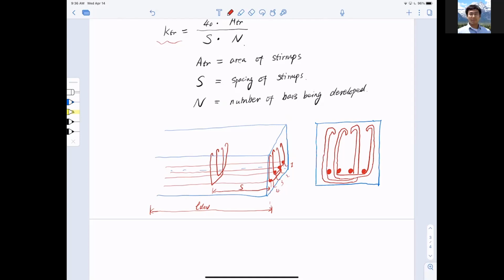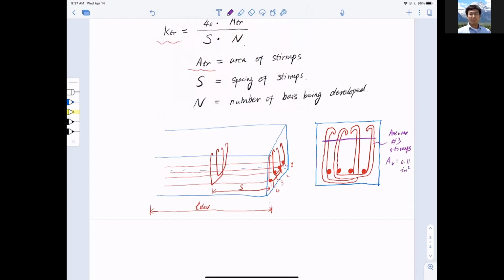Now, what about Atr, the area of stirrups? Atr means if I cut through it, so make a cut right here, and assume these are number 3 stirrups. You know that Av for number 3 is 0.11 inch squared.